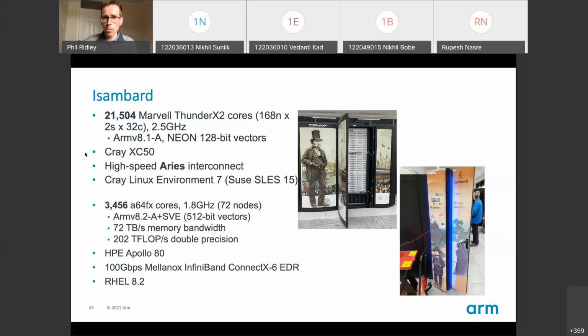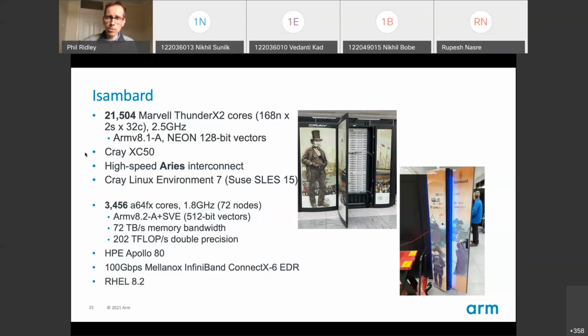So it's more well known for its ARM based partitions, but the Isambard platform itself is to allow users to do comparison between architectures. So you can log on and you can run your jobs on an ARM based architecture or x86 or NVIDIA and compare the results. But basically, for the Isambard ARM-based partitions, there are now two.